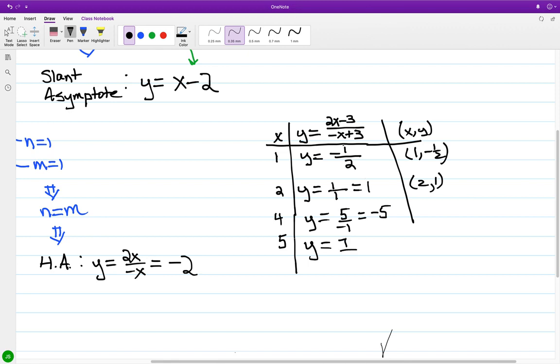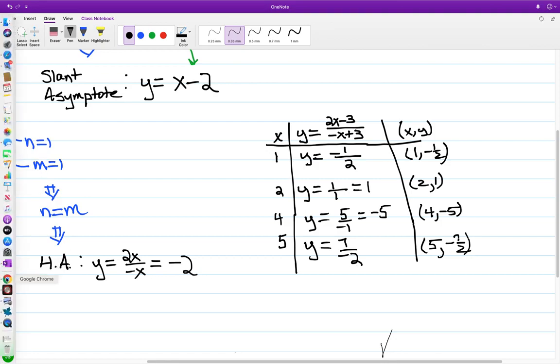And we have the negative of 5 plus 3, which is negative 2. So we have negative 7/2. Okay, so we have additional points: at 4, negative 5, and 5, negative 7/2. And so just transferring what we have now.